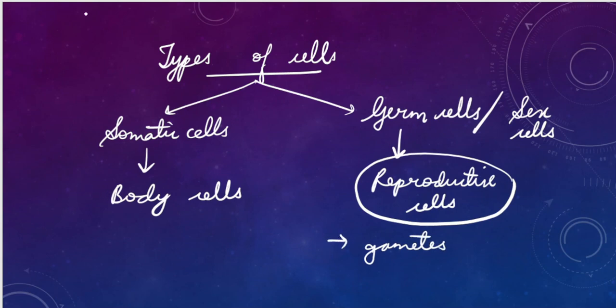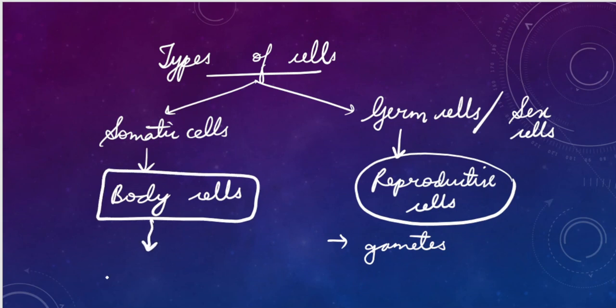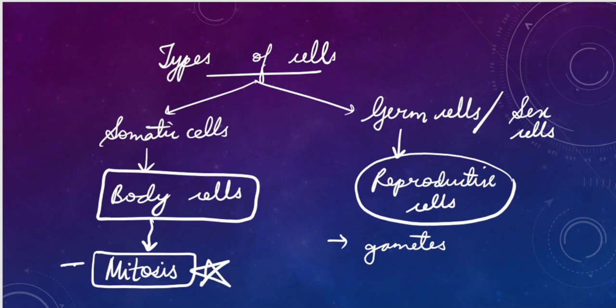So as we have two different types of cell, in the same way we have two different types of cell division. Okay, so for body cells, if we want the cell division of body cells, then there is a type of cell division known as mitosis. This is your first type of cell division.